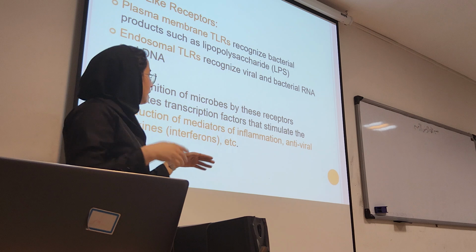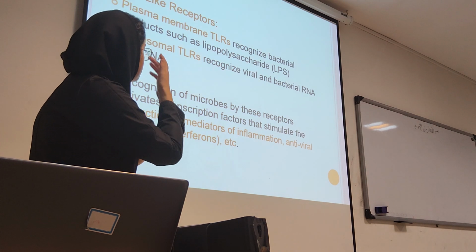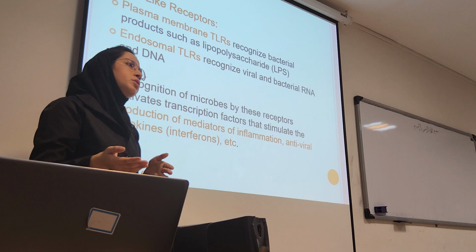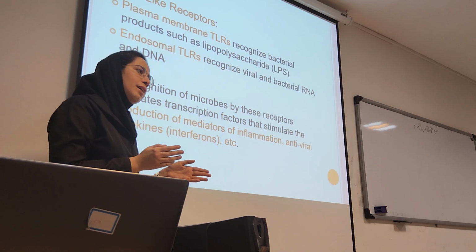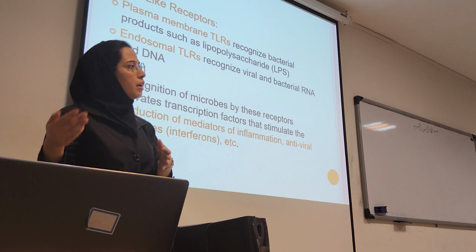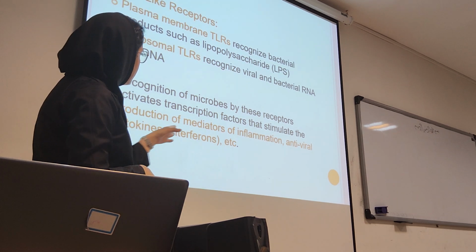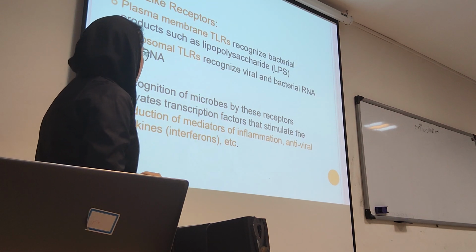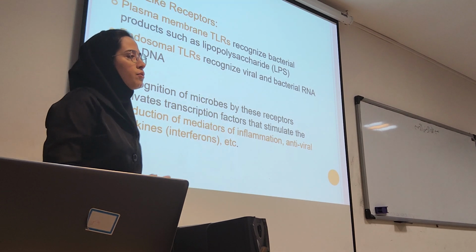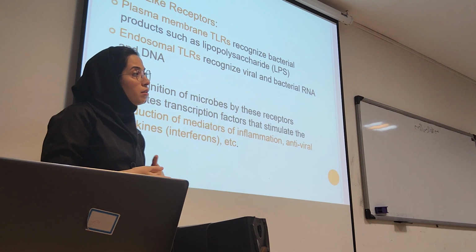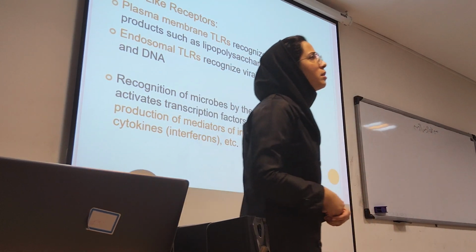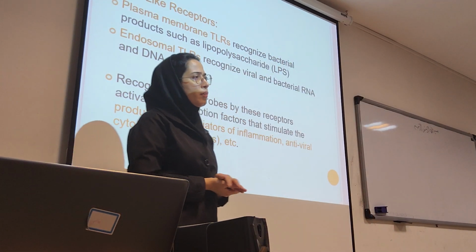And after that, what do they do? They produce cytokines. After activation of toll-like receptors, they produce cytokines that are important in inflammation, and they may also produce interferons, which are antiviral. Inflammasome, yes, is mostly important in node-like receptors.